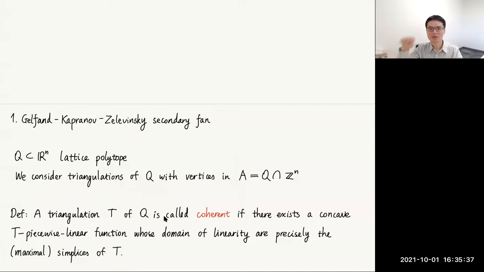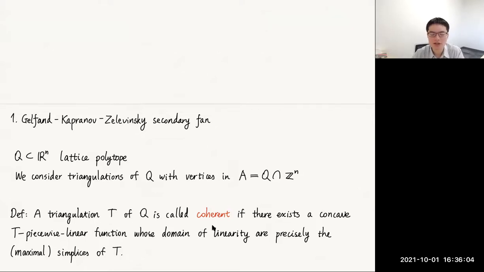We have a lattice polytope and some lattice points inside. Then we want to triangulate the polytope. So we only consider triangulations where the vertices, the zero-dimensional points of the triangulation, are these lattice points.